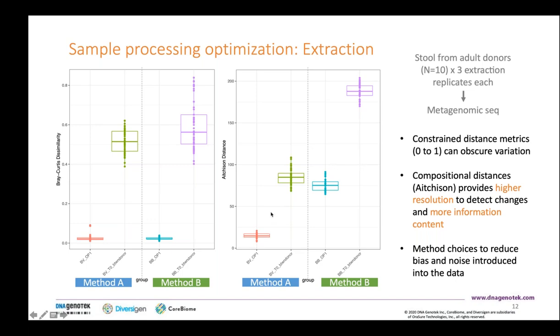And in this case, we can truly see that there's additional variation in method B, adding noise to the extraction replicates compared to method A. And so this is an application that allows us to choose a best method based on trying to reduce the amount of bias that you're inputting into your sample upstream of the data analysis.